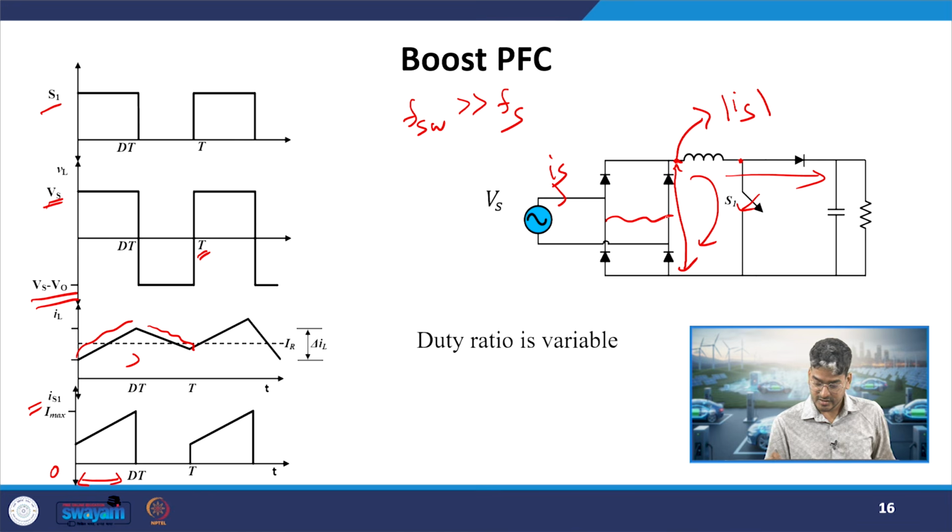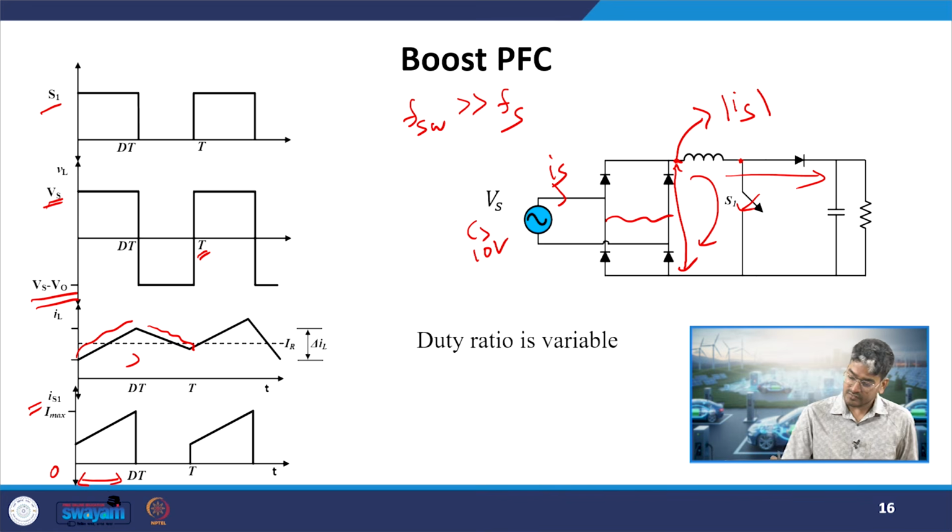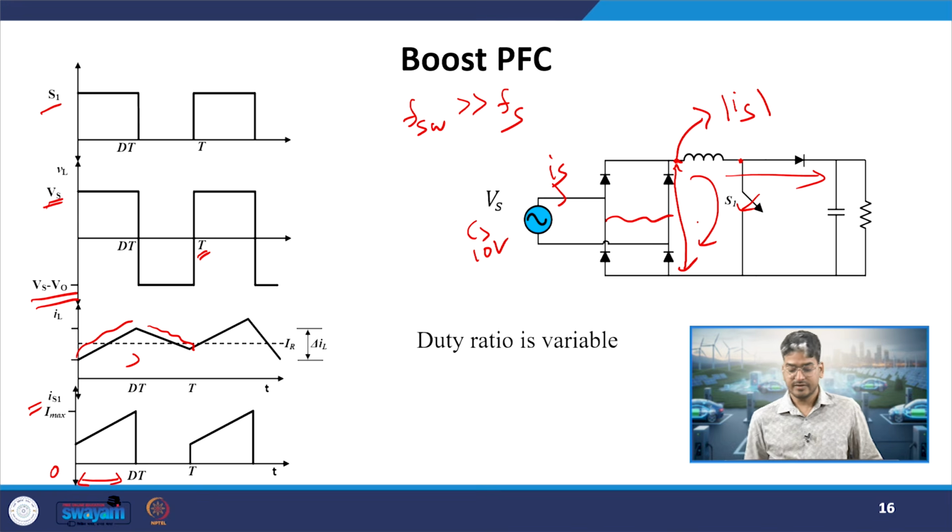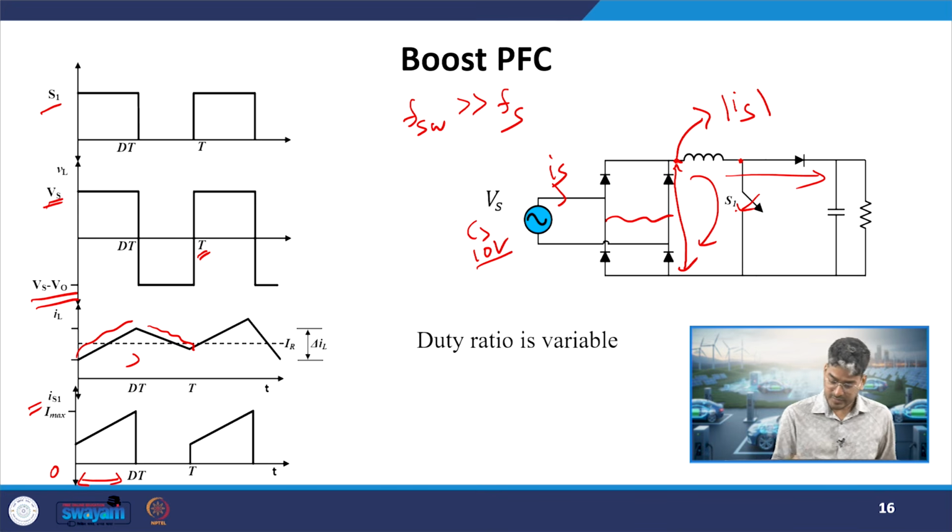Near the 0 voltage crossing, suppose we have just entered the positive half cycle and we have got 10 volts at the input. It will take a higher time to charge. Why? The moment I close the switch, the voltage applied across the inductor will be 10 volts, which is my supply voltage. Suppose I am near 90 degrees, where we have 210 volts at the input. Now, if I close the switch, 210 volts will be applied across the inductor.